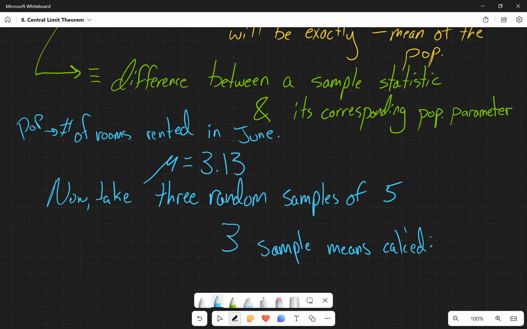Those 3 sample means, they all are going to be our x bar. And so we end up with an x bar of 3.80, an x bar of 3.40, and an x bar of 1.80.